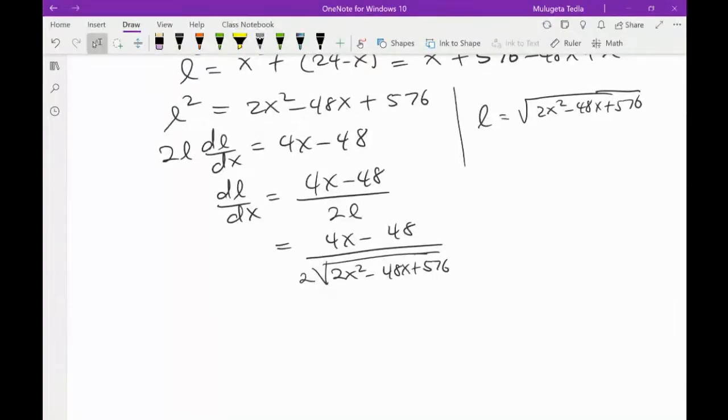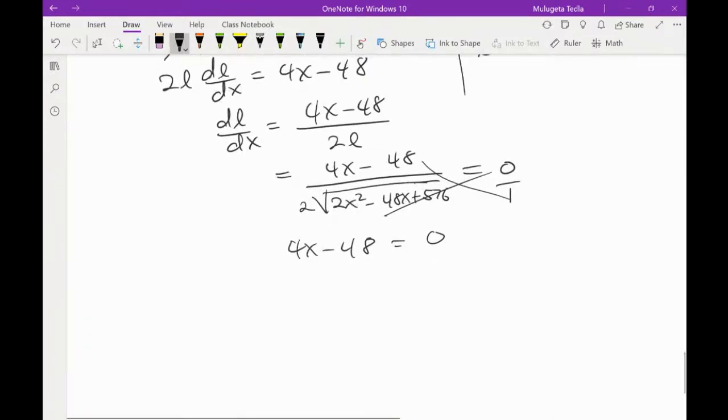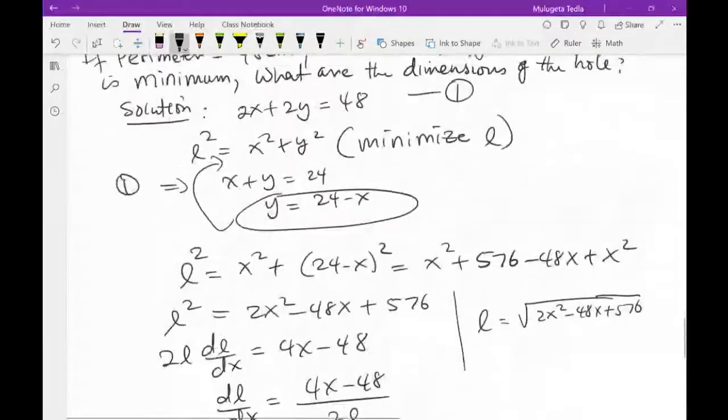Anyway, this is easy because when you set it to 0, by cross multiplication, you have 4x minus 48 equal to 0. So 4x equal to 48, x equal to 48 over 4, which is equal to 12.